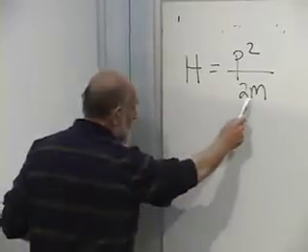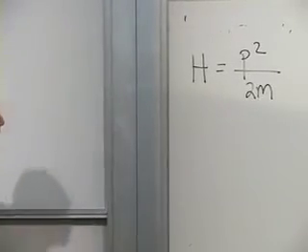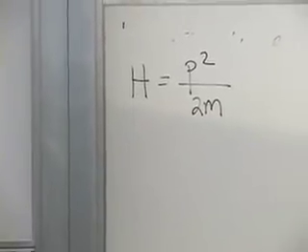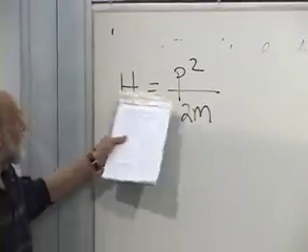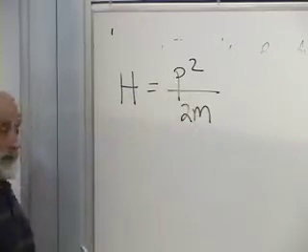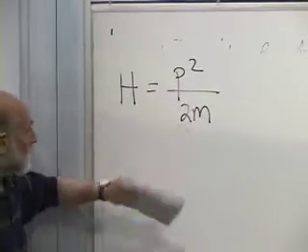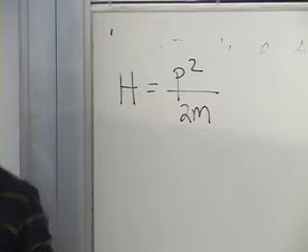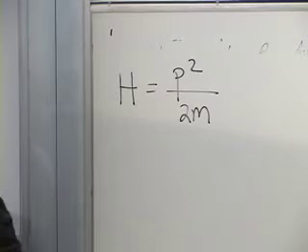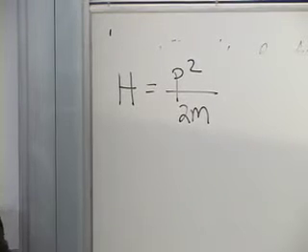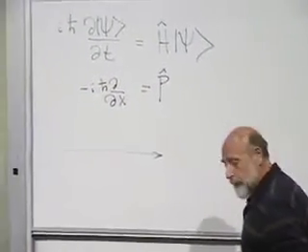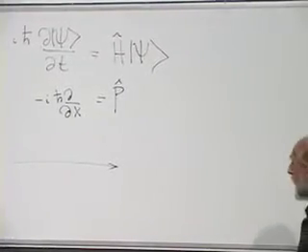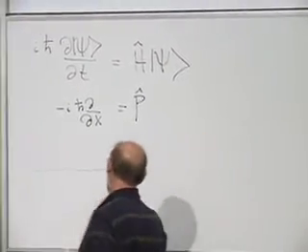The fact that there's a 2m here, well, that's essentially the definition of mass, if you like. Again, you could call it something else. You don't need to call it m, but the fact is that energy is proportional to p squared over 2m. Fairly general fact about ordinary non-relativistic particles. So we make the guess. We'll try it out and see what we learn from it, to suppose that the Hamiltonian of quantum mechanics is also p squared over 2m.